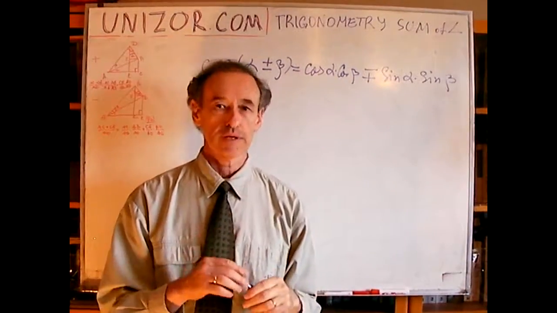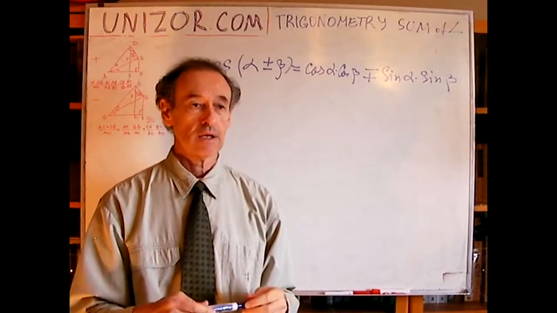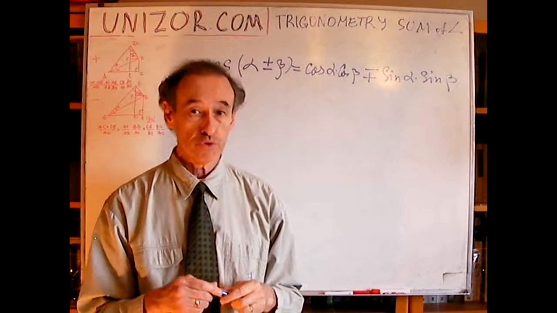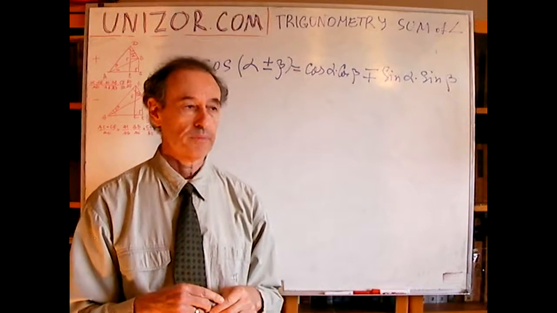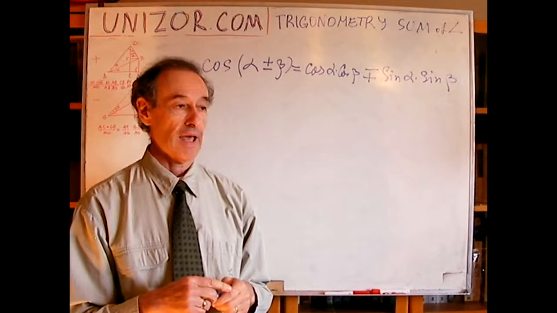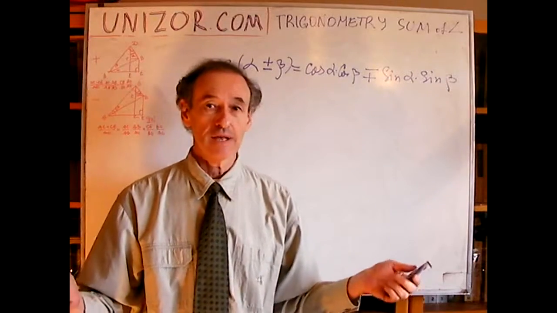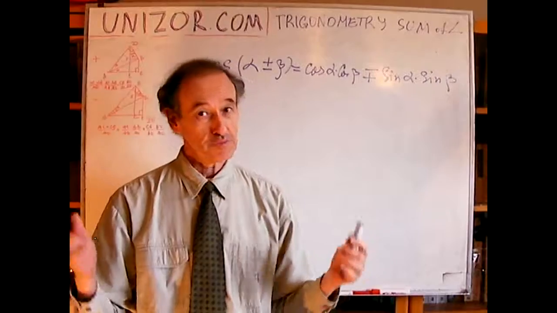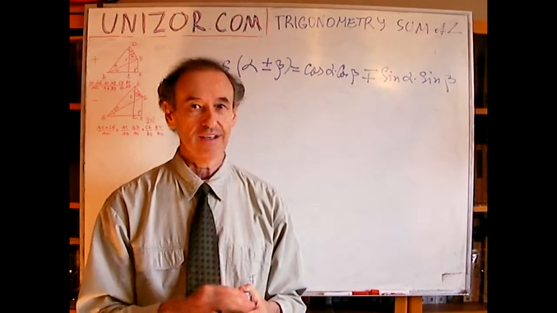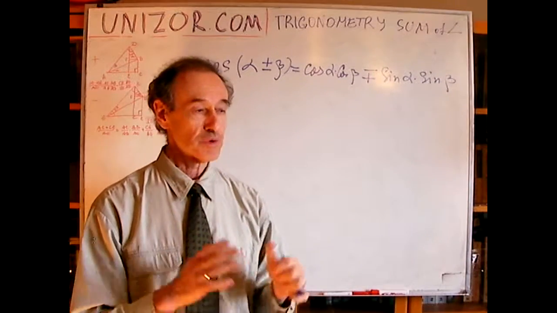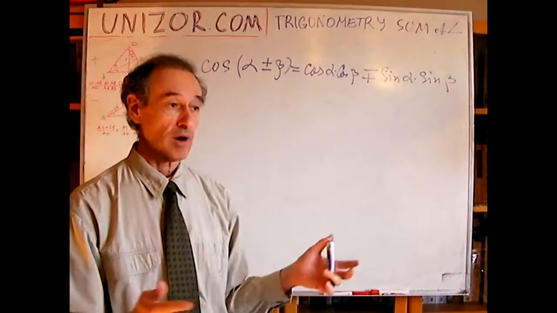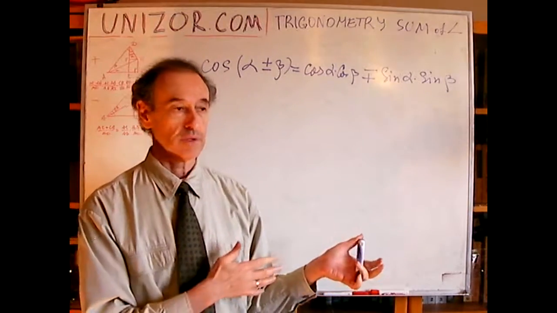Only this formula is actually explained as a geometric proof. And quite frankly, after that, they use this formula for all kinds of angles, which is not really the right way to approach it. You really have to prove the formula for all cases. And there are really different cases.